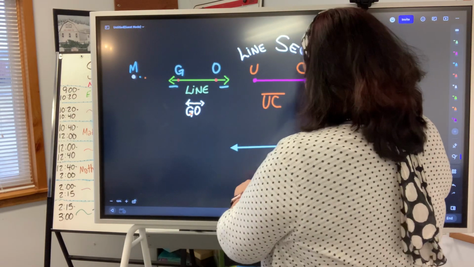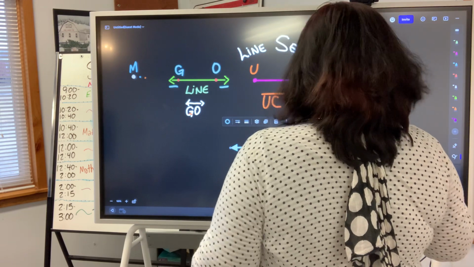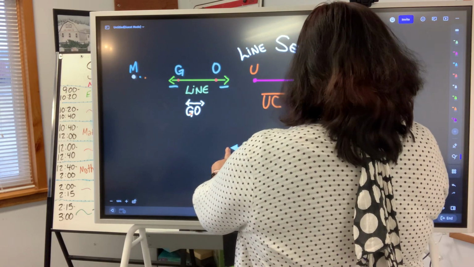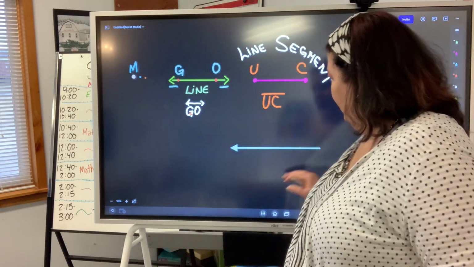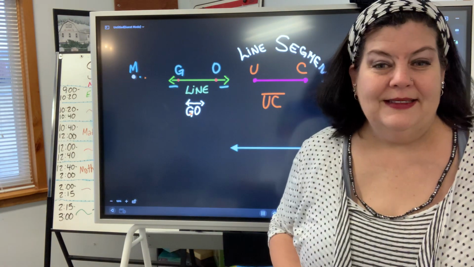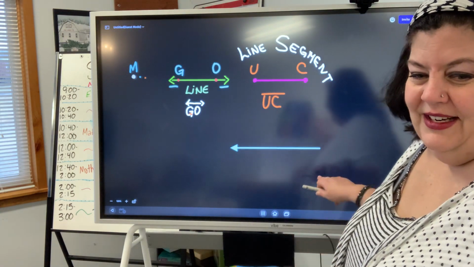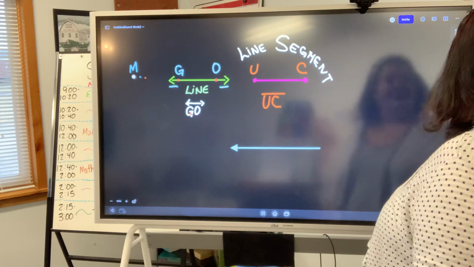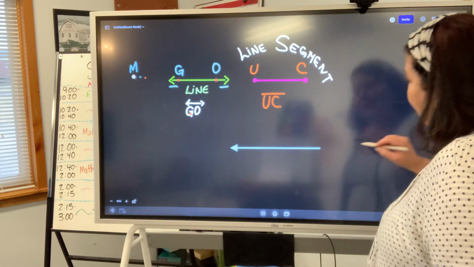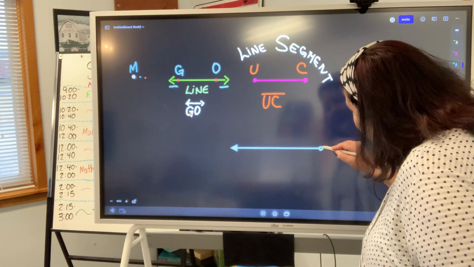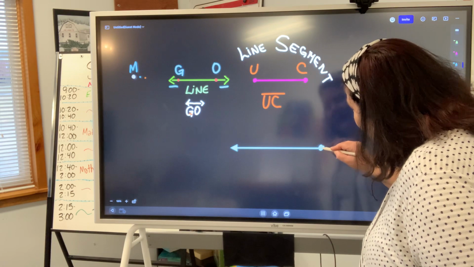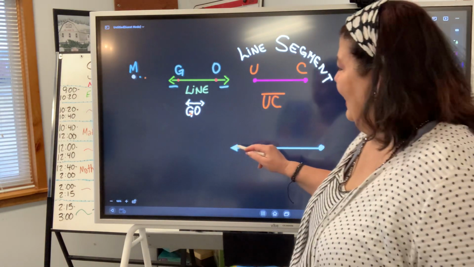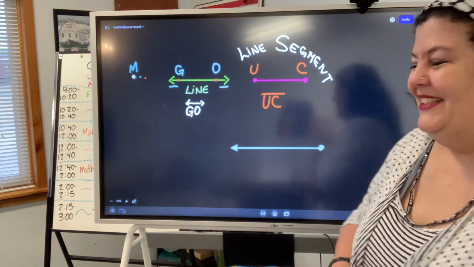Now, this one right here and me, we're on a first name basis. So this one here has, where's my blue? Has a point at the end, an arrow on the other side.